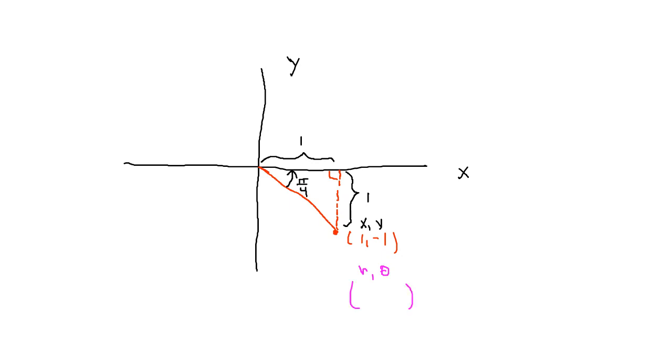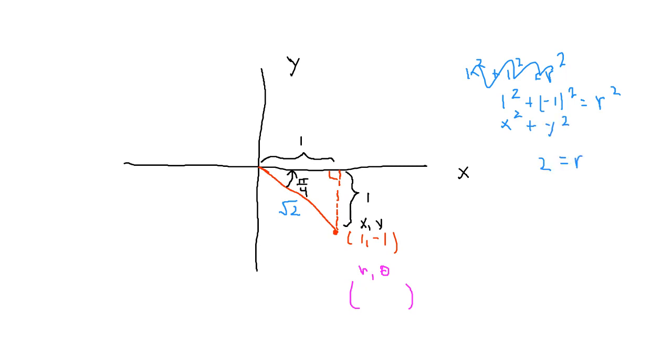Well, of course, the radius has to be square root of 2 because 1 squared plus negative 1 squared equals r squared. That's x squared plus y squared equals r squared.